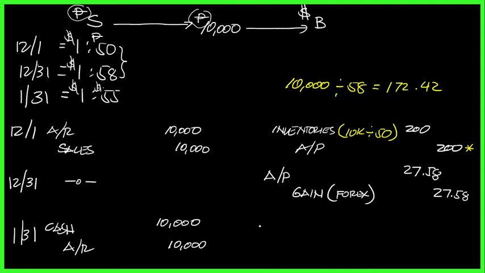Now, in the books of the buyer, there will be a debit to accounts payable. How much? At its new value, which is 172.42. Let's fix this so it's not embarrassing. This should be 9.59.